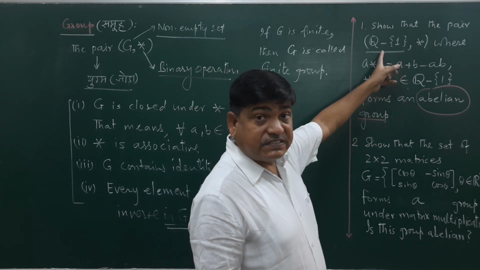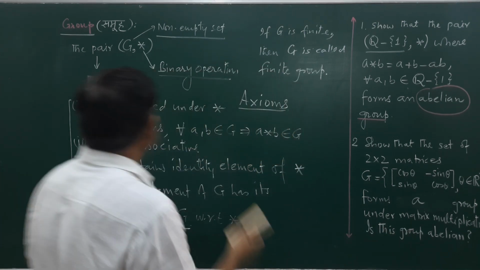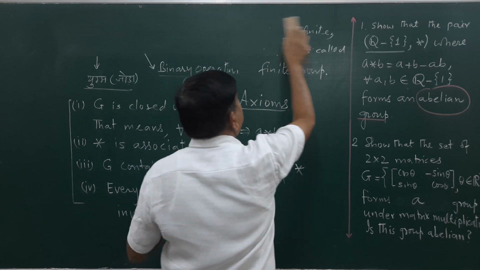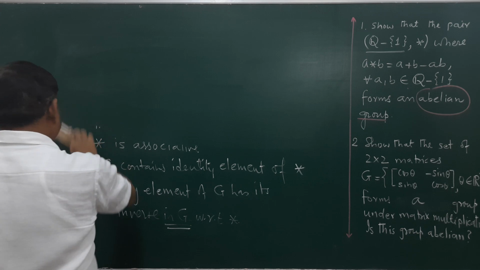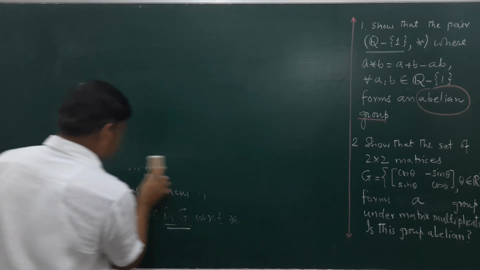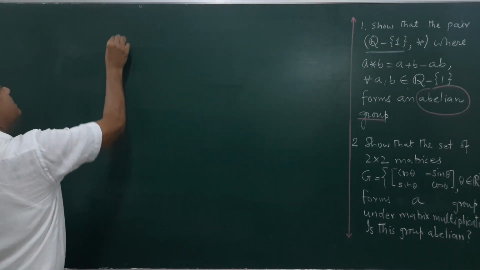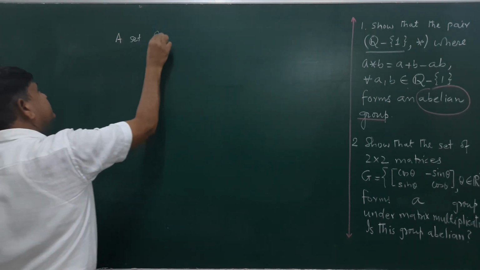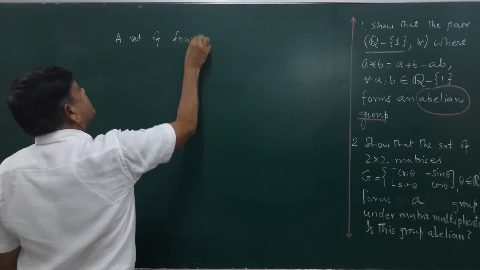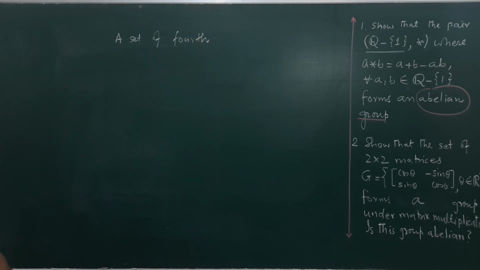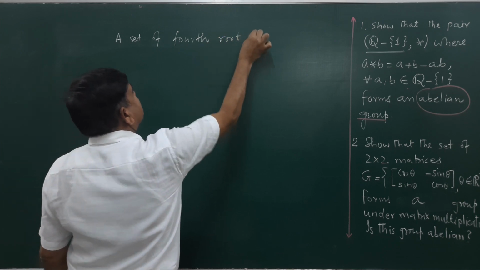This set is infinite, this set is also infinite, it is not finite set. I just consider one example of finite set. Yesterday we have already discussed a set of fourth root of unity.